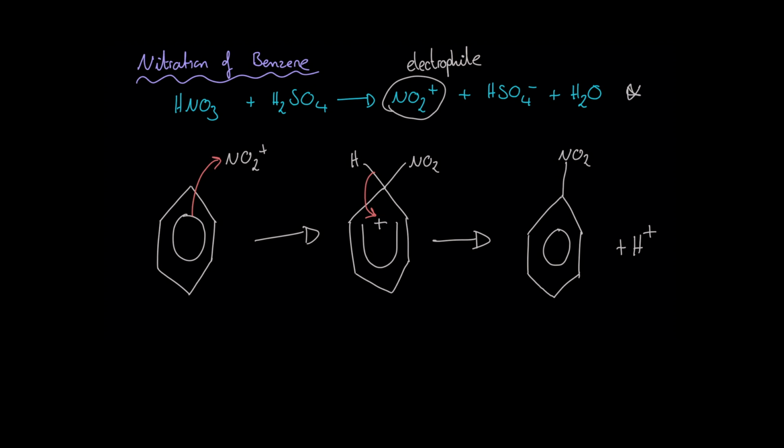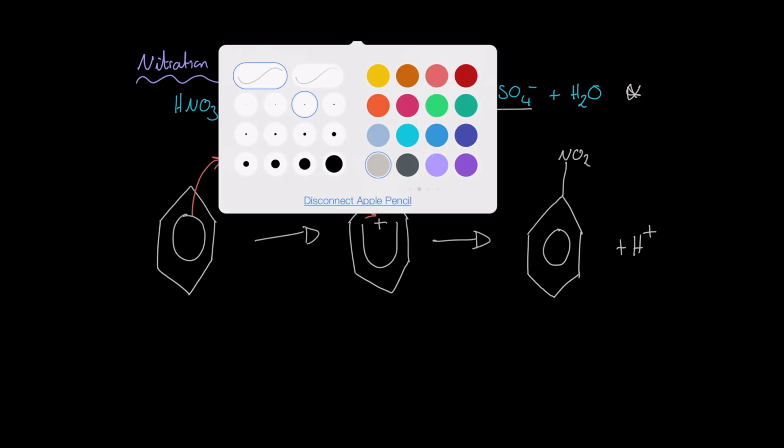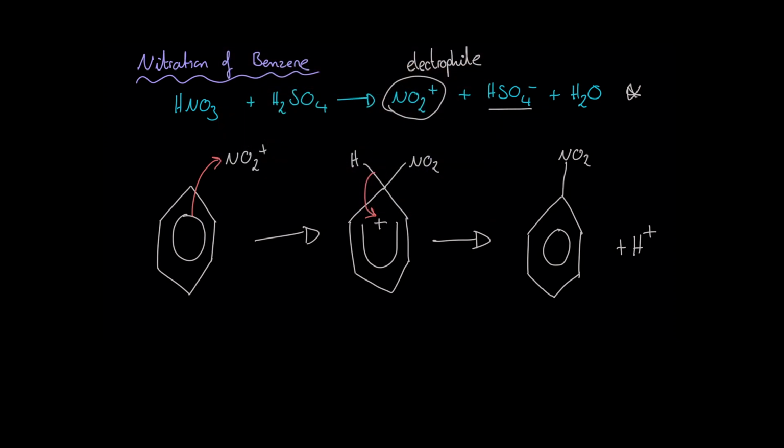Now if we look back at the reaction for generating the electrophile, the NO2+, we didn't regenerate that catalyst. As we know, catalysts can't be used up, or they must be regenerated at the end of a reaction. So we need to regenerate the catalyst, which is the sulfuric acid.